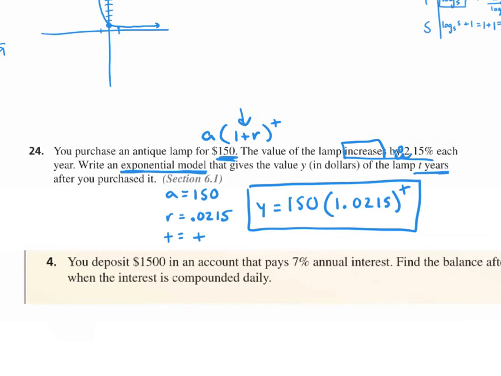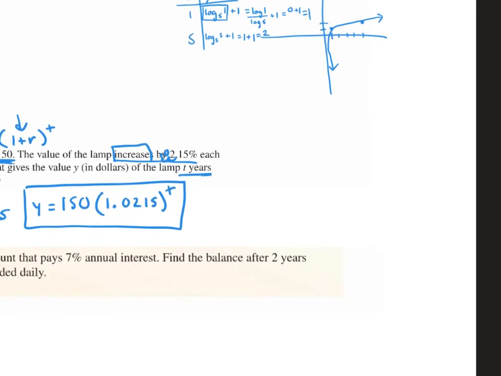There's 4 different formulas we have for our word problems. We could have the one we just did, A times 1 plus r to the power of t, A times 1 minus r to the power of t. We have our compounded interest one, which is P times 1 plus r over n to the power of t times n.